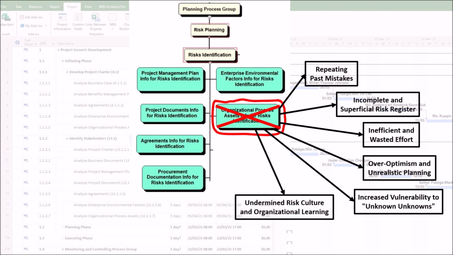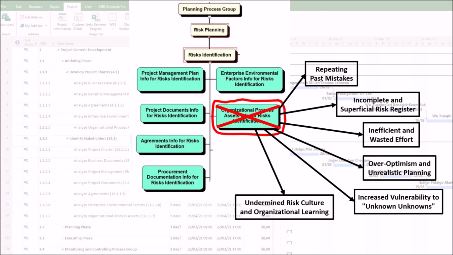6. Undermined risk culture and organizational learning. When organizational process assets are ignored, it signals that the organization does not value its own accumulated knowledge. The damage here is that this creates a culture where firefighting is valued over proactive planning.